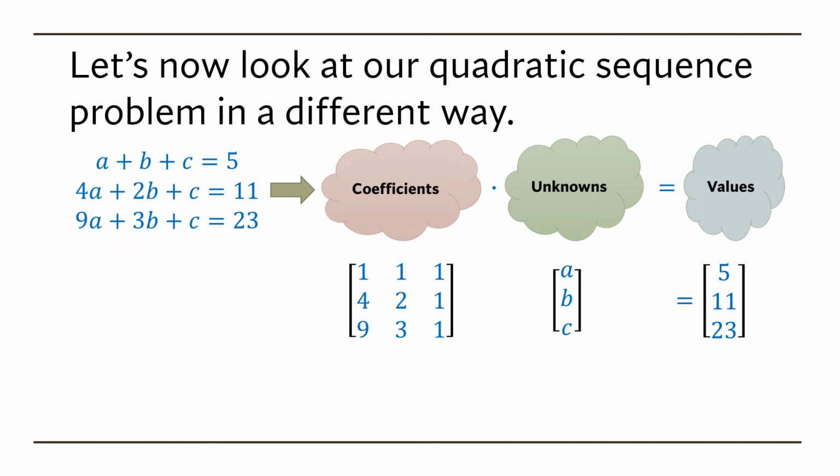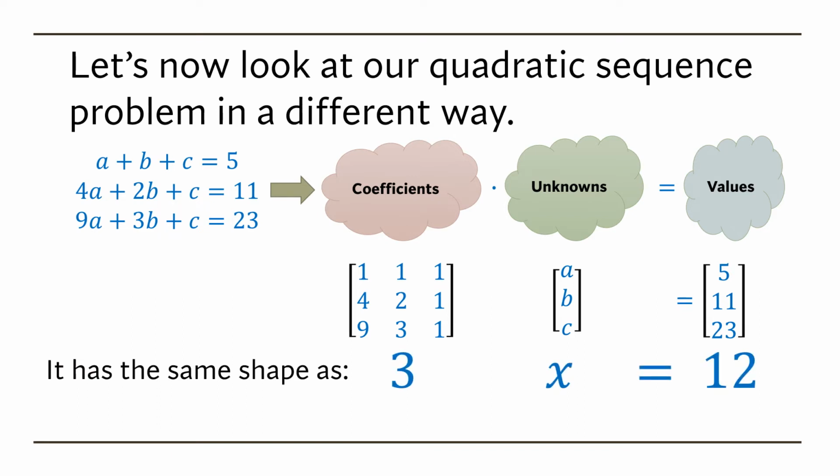Now, if this looks scary to you, don't worry. I'm going to do all of the hard work, and you'll see how well we can get the answers from this. Also, what I want you to notice is that this arrangement of coefficients times unknowns equals values has exactly the same shape as this. This is the problem we did earlier, 3x equals 12.